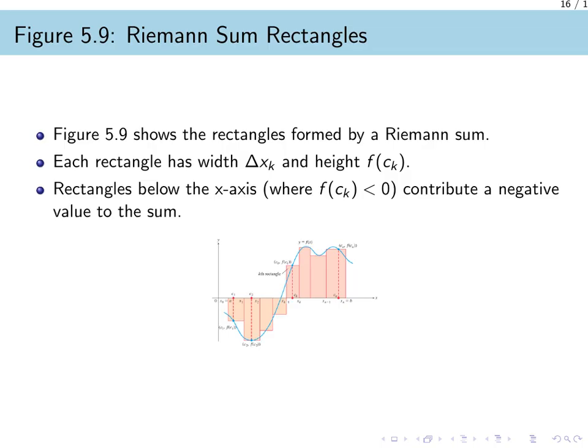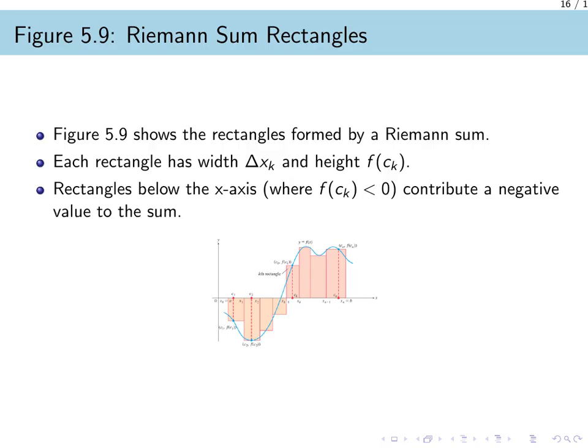The width, delta x_k, is always a positive number, since it is a length. This means the sign of each term in the sum is determined entirely by the sign of f of c_k. If the function is negative at our sample point, the corresponding rectangle extends downward, below the x-axis. The product of this negative height and the positive width results in a negative value.